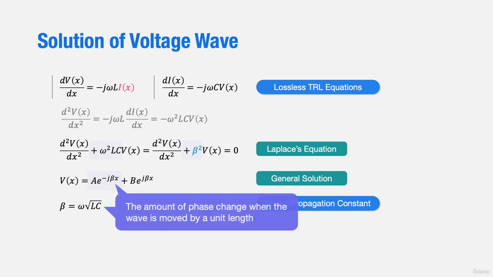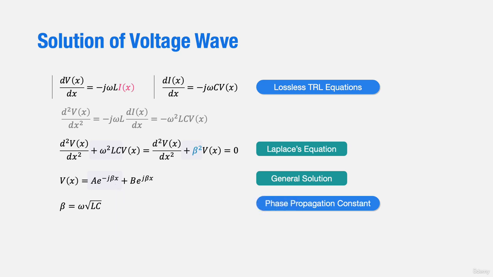When V of x moves a unit distance on the transmission line, that is, when x is going from 0 to 1, its angle changes by an amount equal to beta. Therefore, beta represents the amount of phase change when the wave is moved by a unit length on the line.